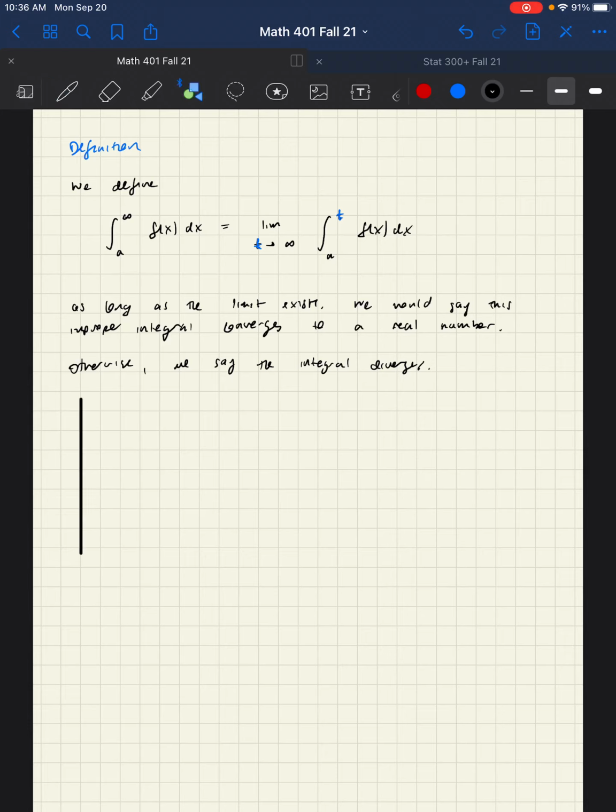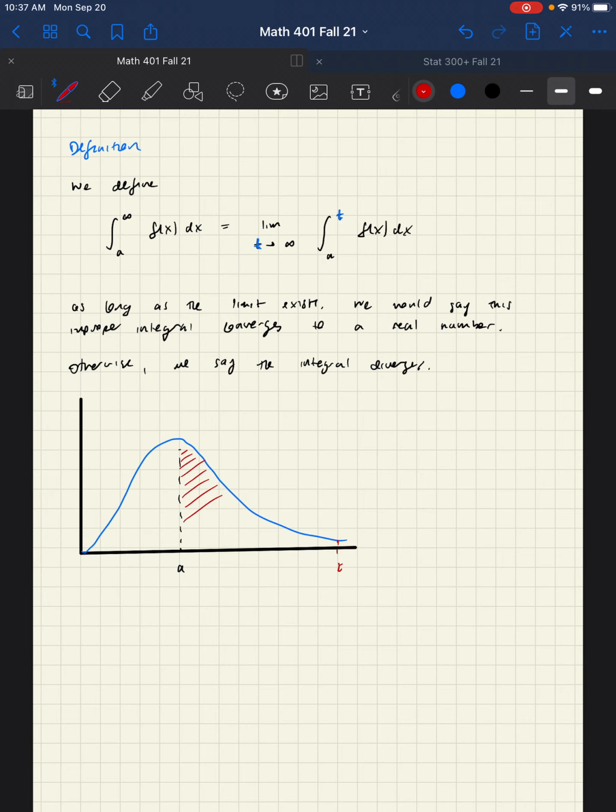So let me show you what that would look like. Let's interpret this, okay? So visually, what are we talking about here? Okay, let's suppose I have this function. Sure, why not? Looks sort of like this. And here's my number a. And so I'm going to set some t, which is going to be some arbitrarily large t.